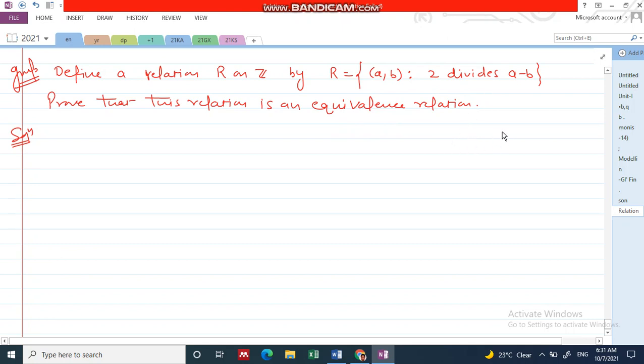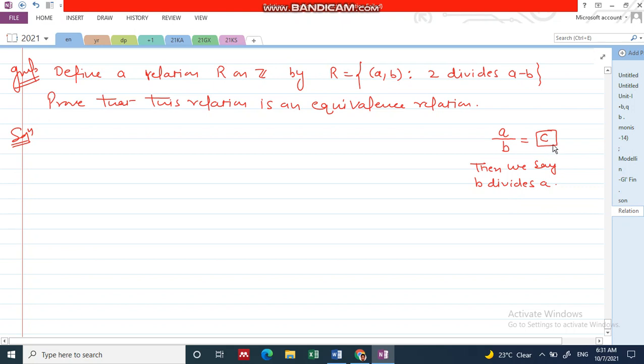Suppose we have a number a, and we divide this number by another number b. If we get an integer, then we say b divides a.